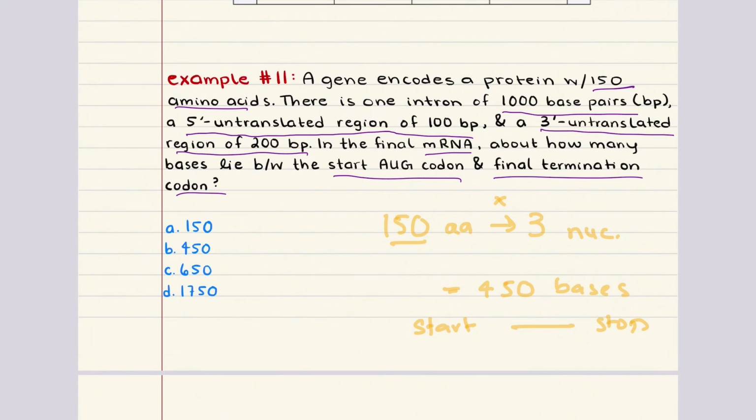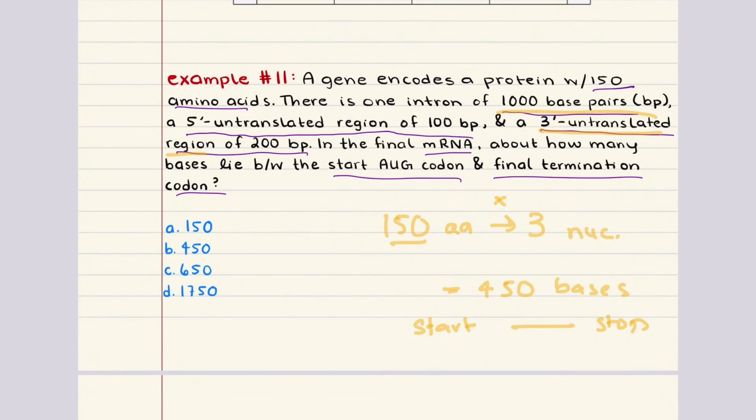That refers to the coding sequence, also known as the open reading frame. The 5' and the 3' untranslated regions don't count towards this. And neither do introns because they're going to be removed during RNA processing. So we don't have to include the 100 base pairs from the 5' untranslated region, and we don't have to include the 200 base pairs that come from the 3' untranslated region, or the 1,000 base pair intron.